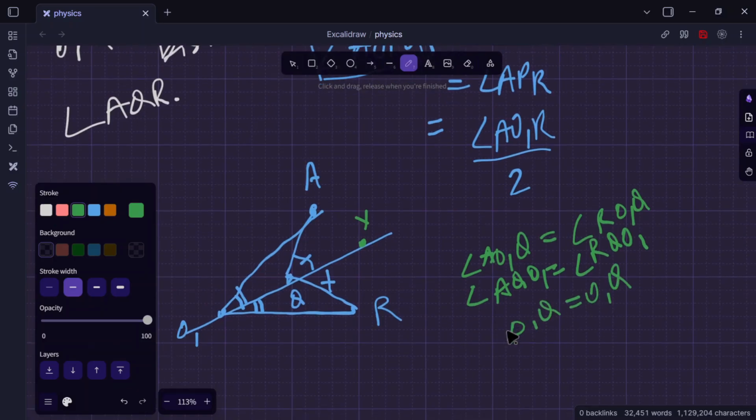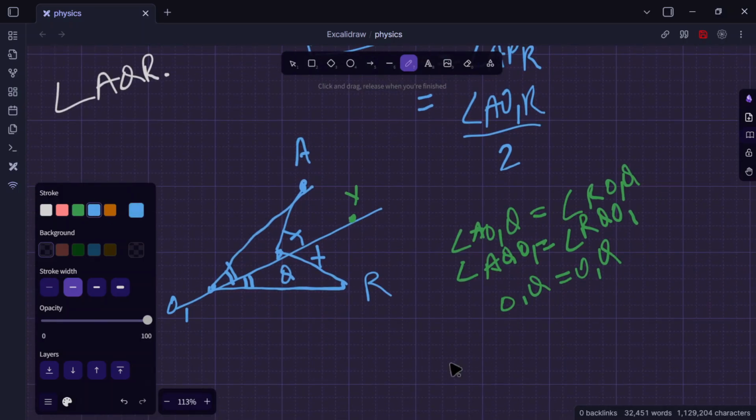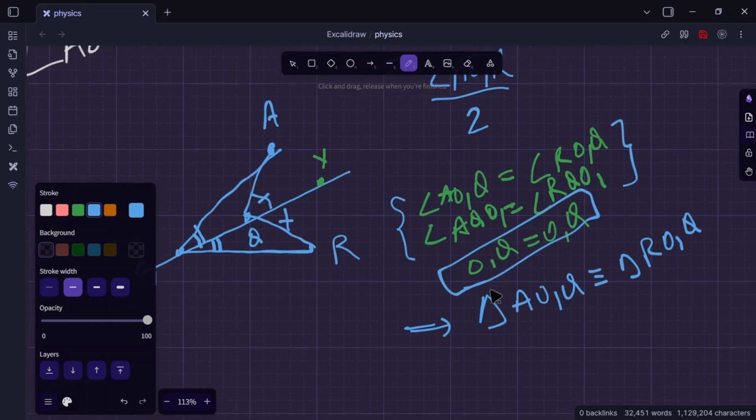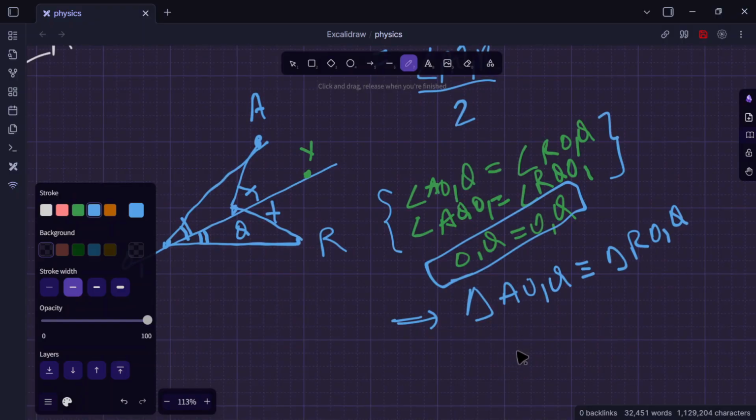These three conditions together tell me that triangles AO1Q and RO1Q are congruent, because two angles are equal and they have a common side. So these two triangles are congruent, which means that AQ is equal to RQ.